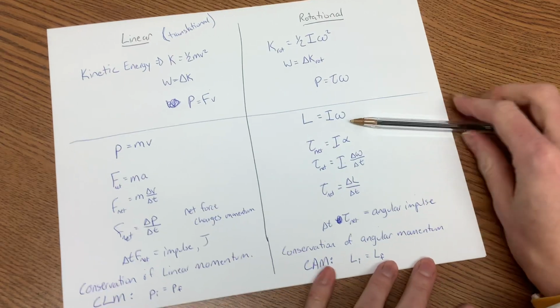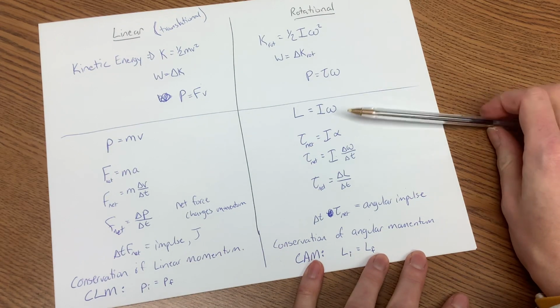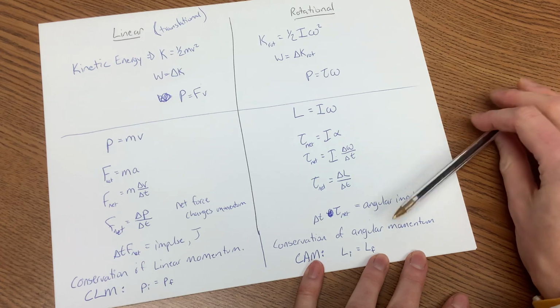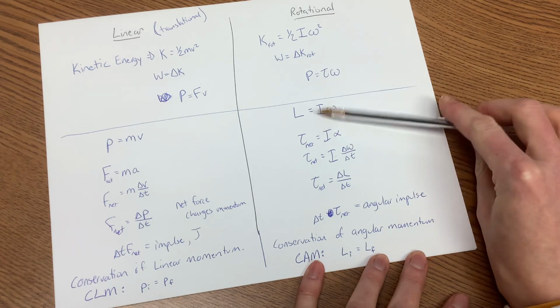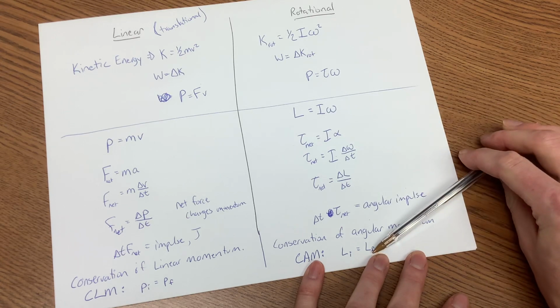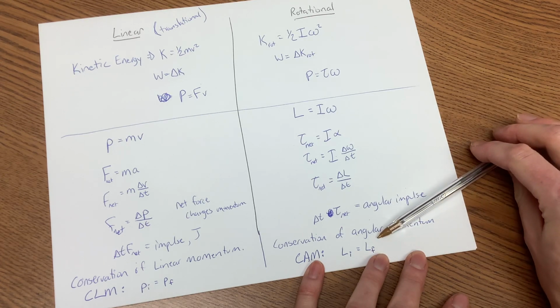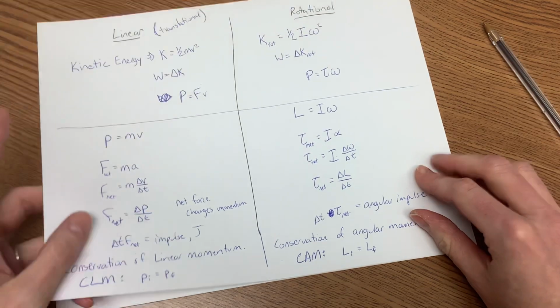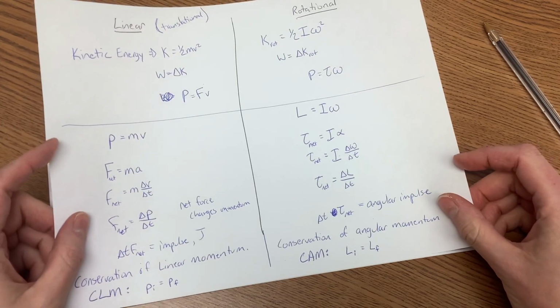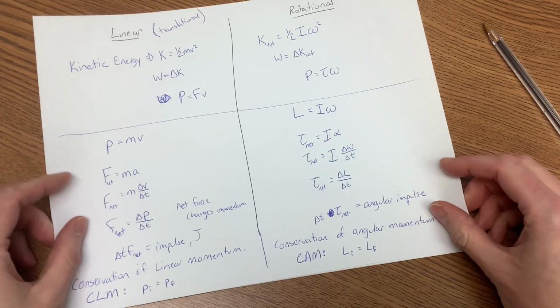That is something that ice skaters, gymnasts, regular ordinary people can do all the time, just to make how they're rotating different. And so this conservation of angular momentum is one that people can play with all the time. In fact, we have already played with this one in class, depending on when you're watching the video.